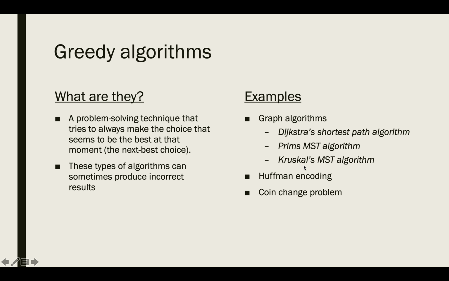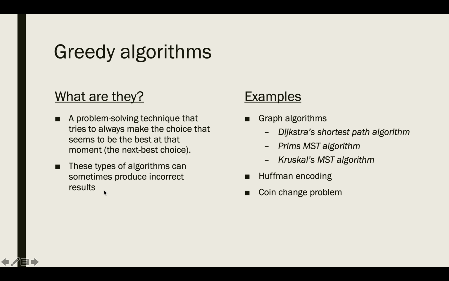Same with Kruskal's minimum spanning tree algorithm. With Kruskal's algorithm, that's very easy to understand. That was the one where we would just pick the minimum edge, very greedily, just pick the best one, unless we would create a cycle in our graph. So I'm assuming you're familiar with these. But those are all examples of greedy algorithms.